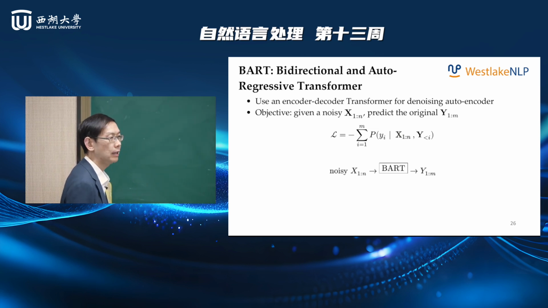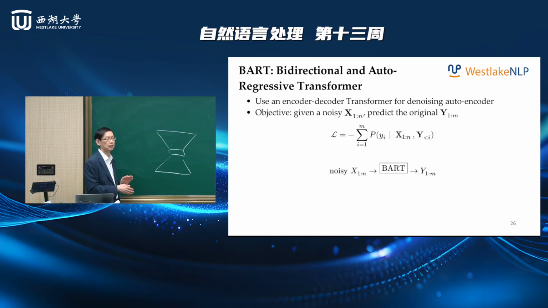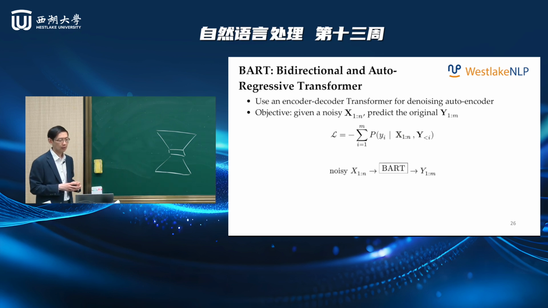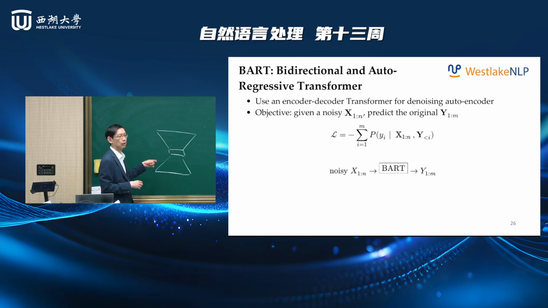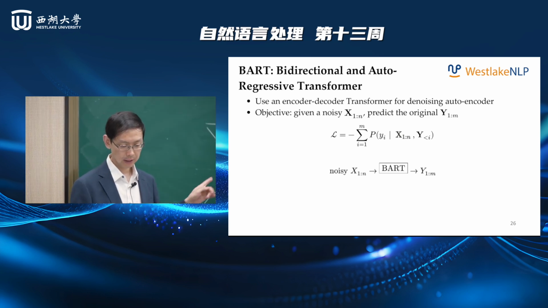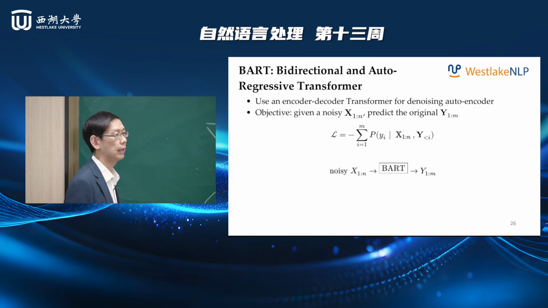So what is a denoise autoencoder? When you have the input, you don't feed the original input inside, but you corrupt the input by adding some noise to it. The decoder will recover the original input. This is called denoise autoencoder. By doing this, you learn linguistic information for both components. And to formally specify that, I have the equation on the slide.